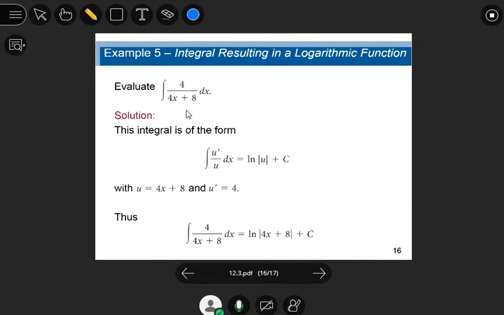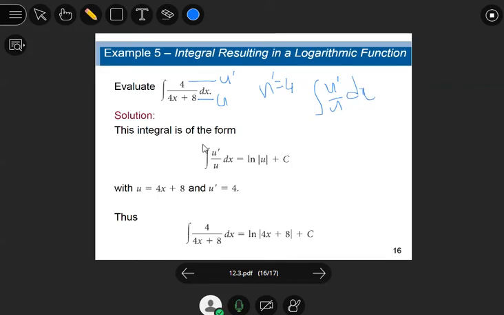Okay, let's move to examples. The first one is to evaluate this integral. By looking at this one we can understand it is a rational type integral. Think of this denominator as u. If this is your u, then take the u prime. So u prime is equal to 4. Now we can see this is the u prime, so it is of the type u prime divided by u dx.